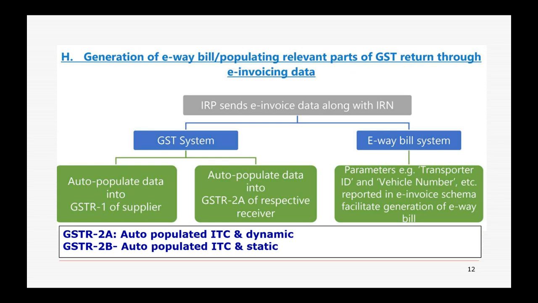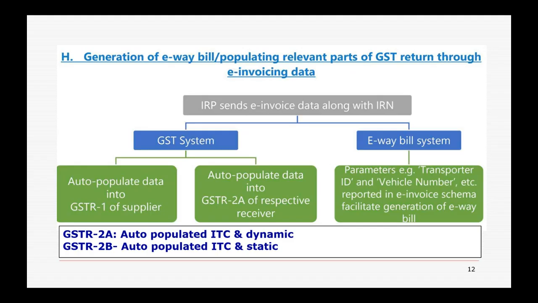So the moment I as a supplier file the return, the GST that I deposited will automatically be reflected in your GSTR2A format. Now it is GSTR2B also; 2A and 2B both are there. 2A is auto populated input tax, and it is a changing one. If I subsequently change my return two months later, then 2A will automatically change. If I made a wrong reporting, it appears in your 2A, but after one month I make the correction, then your 2A will automatically vanish or be taken out.